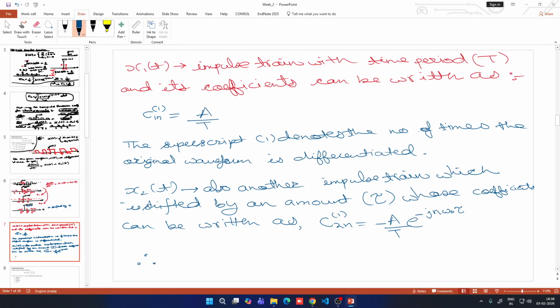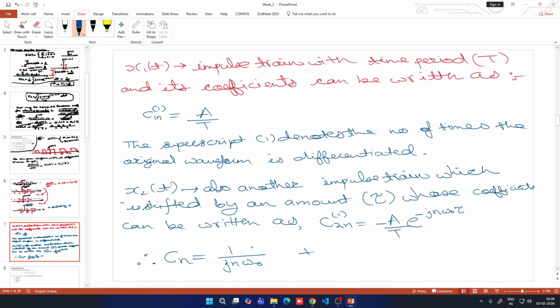So therefore, this Cn we can write as 1 by j n omega naught times A by tau. I am writing j n omega naught because it has been differentiated, and the power is only 1 because it has been differentiated once. This is because of x1 of t, and the second part will be, okay, I will write it in this format first, so it is easier to understand.